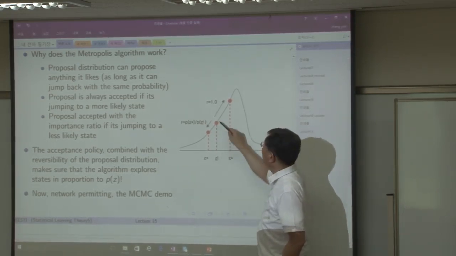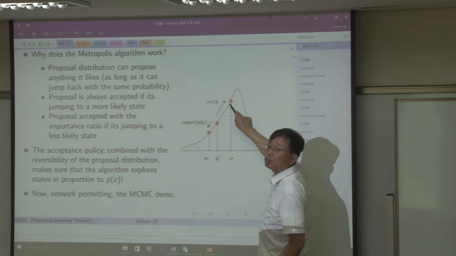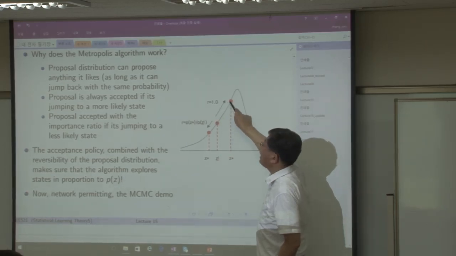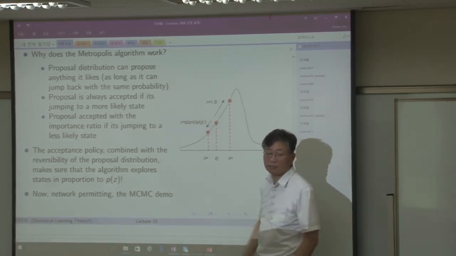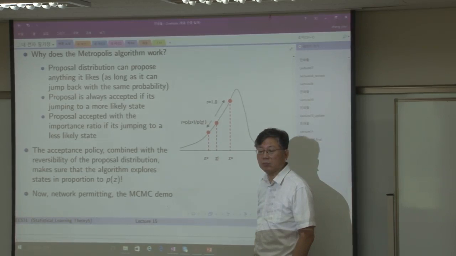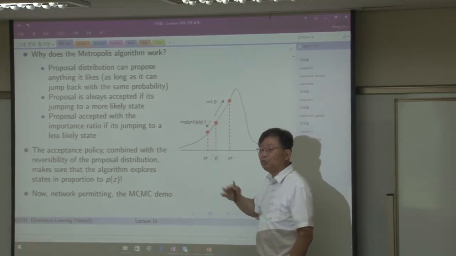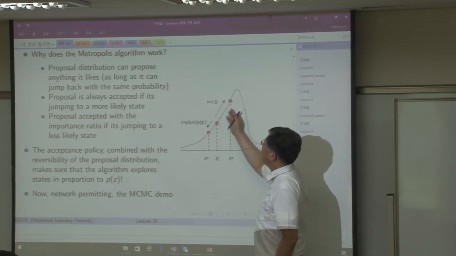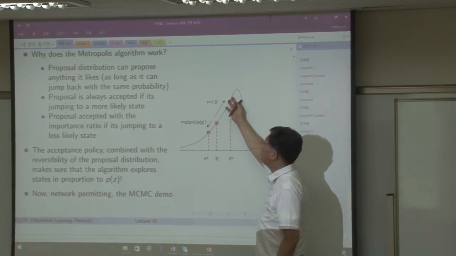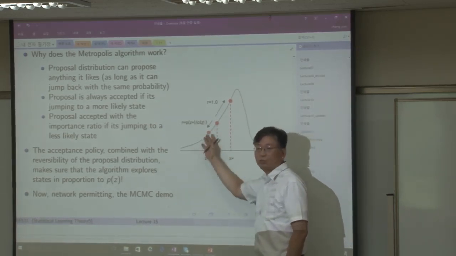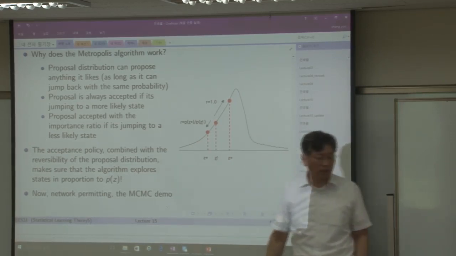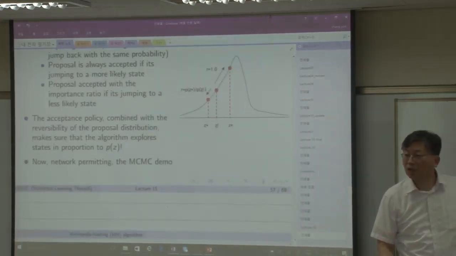If the transition is going to a higher probability, it's going to make it more likely. If the Z star is in the lower probability, then I make it more difficult. So the A is encouraging samples to be sampled from higher probability regions than lower. Okay. Any questions with this?